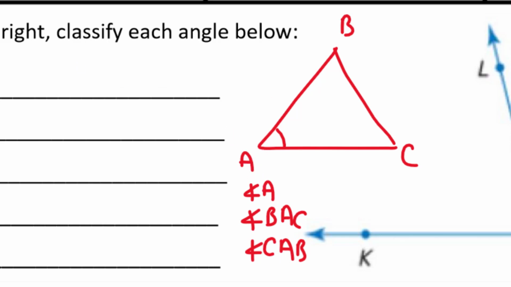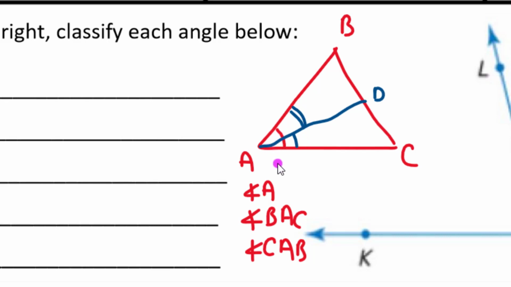Now let's imagine that I have another segment here inside the triangle, and let's say this is segment AD. When that happens, then I have three angles. I have this angle right here, I have this other angle right here, and I have the original angle that we were talking about before.